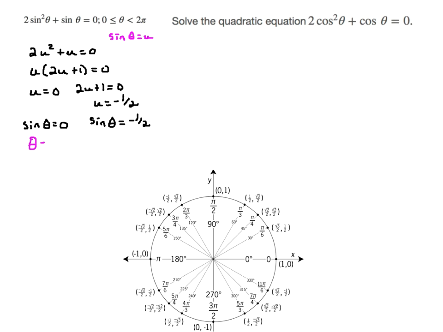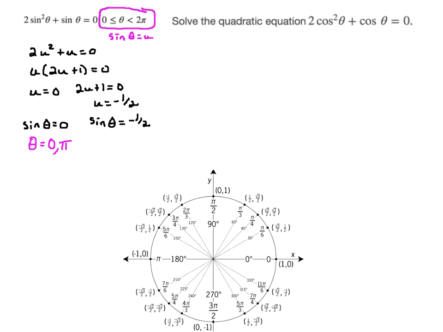So here, my theta can be equal to 0. It also happens at pi when my y value is 0. Notice I'm not going all the way around and doing 2 pi because we need to stay strictly less than 2 pi. We can be equal to 0, but we're strictly less than 2 pi. So those are the only two solutions that come off of that side.